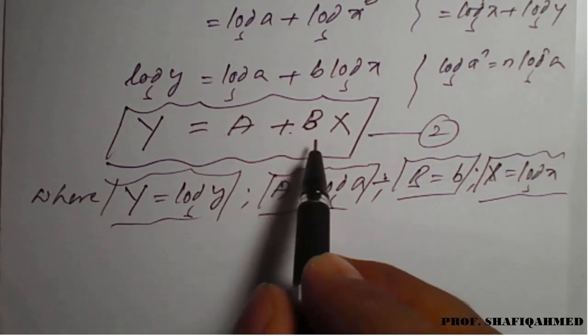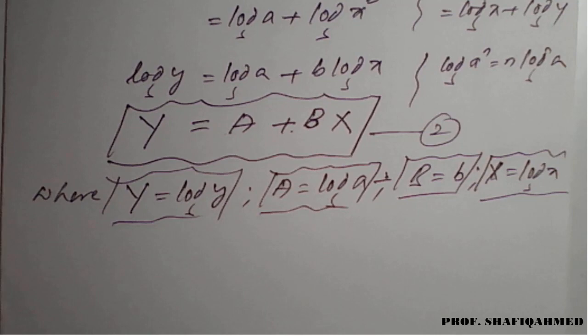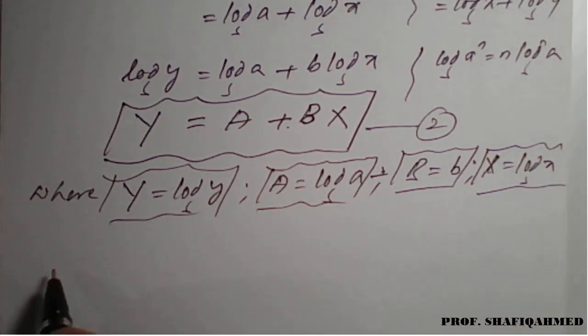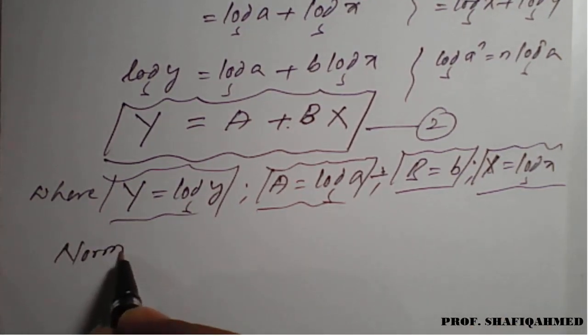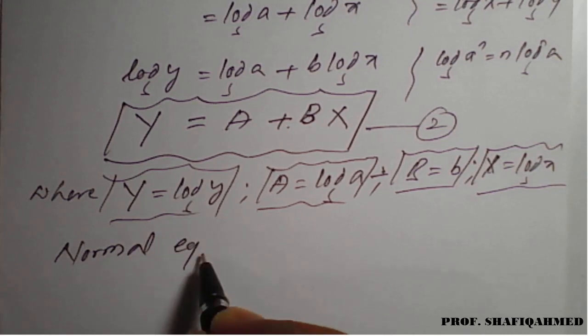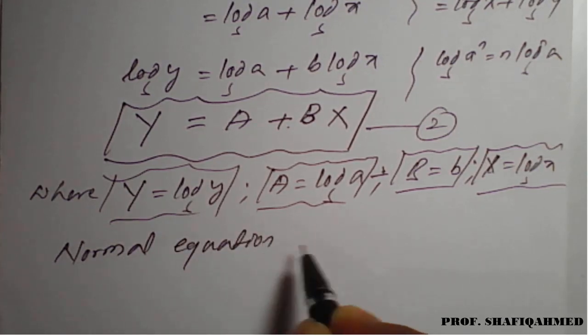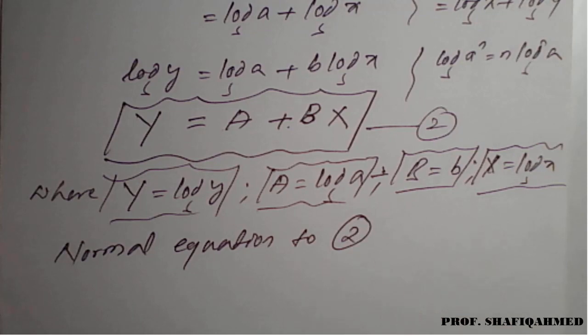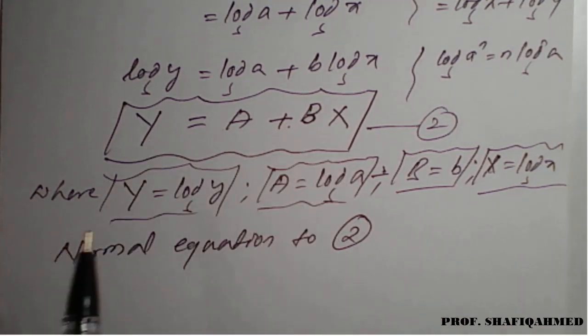So we need to prepare the normal equations for equation number 2. As you know, on both sides we have to take a summation.